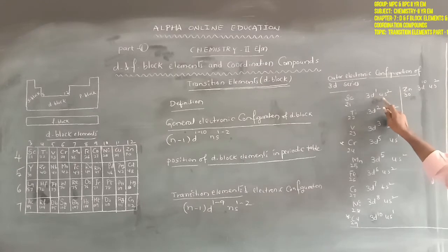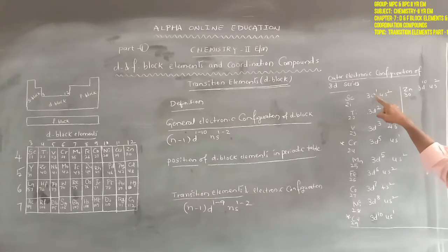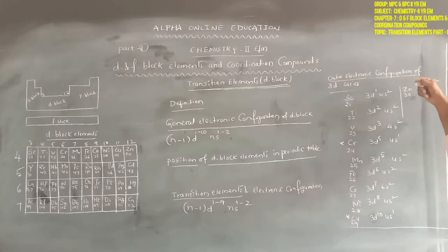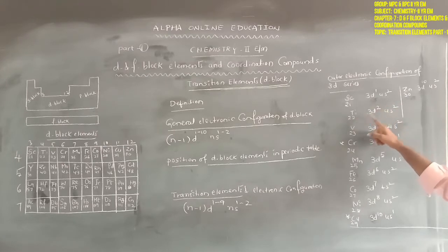The fourth orbit is the nth orbit, so n-1 is the third orbit, which has d orbitals. The differentiating electron enters the n-1 d orbitals, which means it enters the 3d shell. Next, in titanium, what is the differentiating electron?